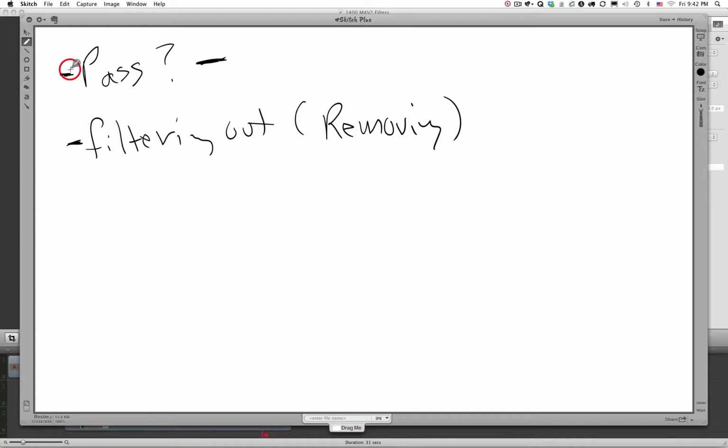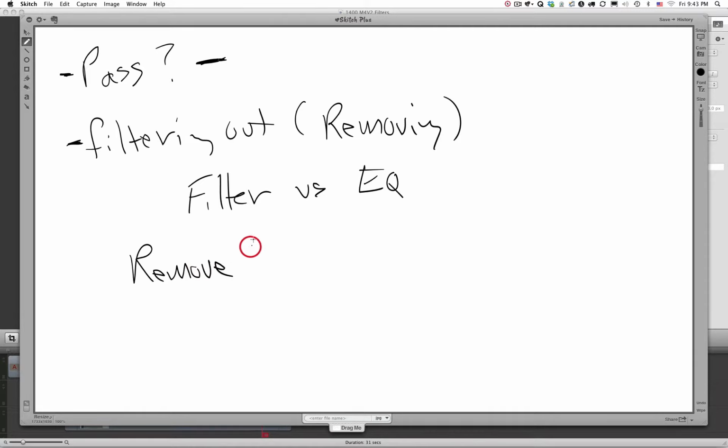One of the main differences between a filter and an EQ is that filters remove frequencies. EQs can add or subtract frequencies.